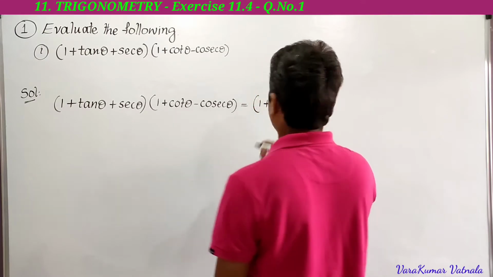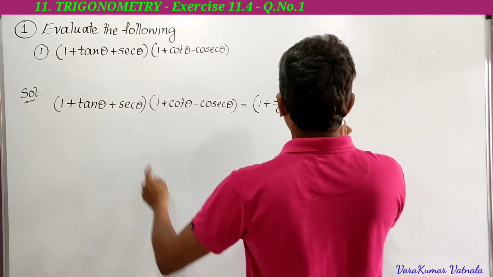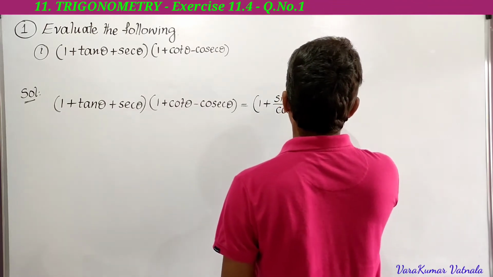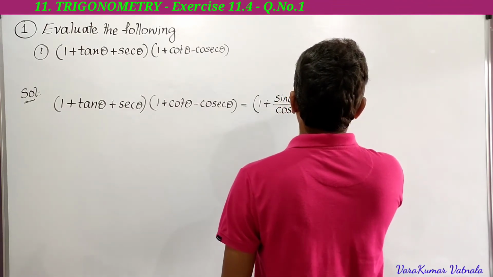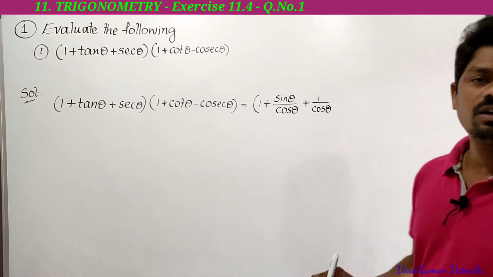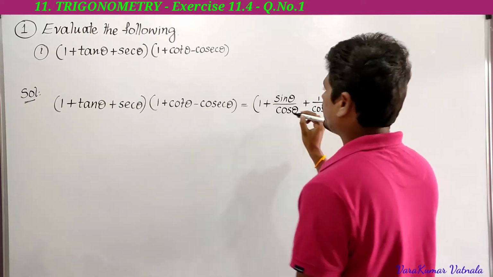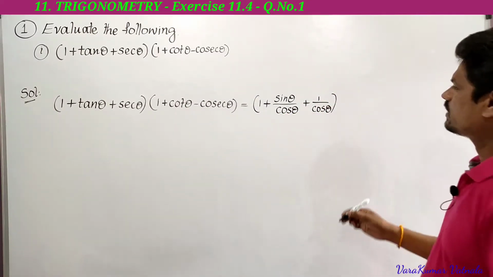Cos theta and secant theta are multiplicative inverses, so we can write secant theta equal to 1 by cos theta.